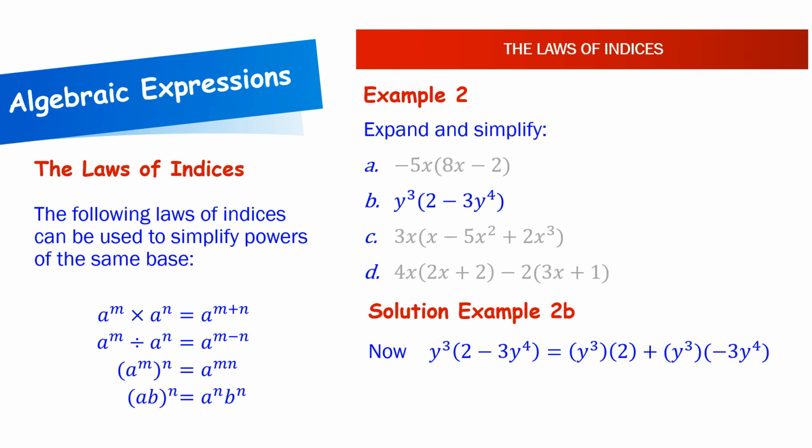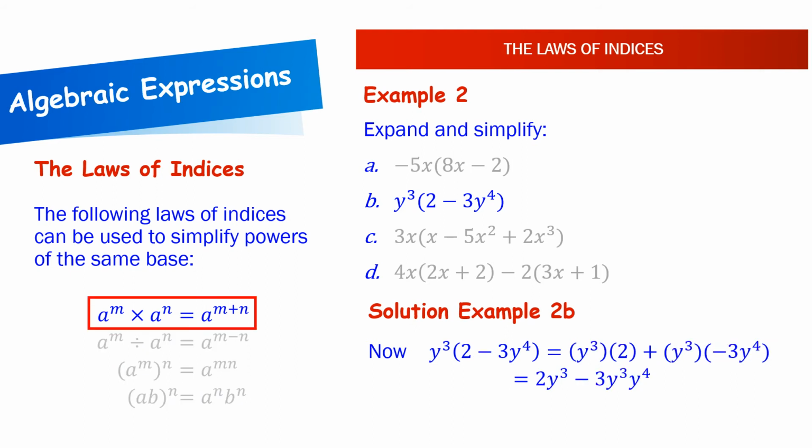Expanding gives us the expression shown. And tidying up, and now applying the first law of indices. So we add the 3 and the 4 as shown to give us 7, to give us 2y cubed minus 3y to the power 7.